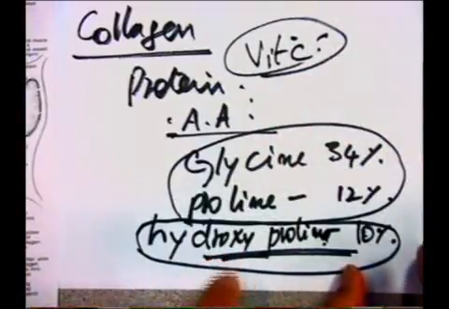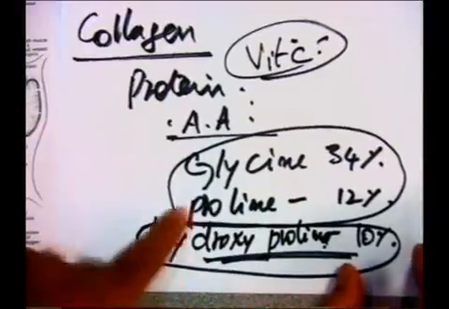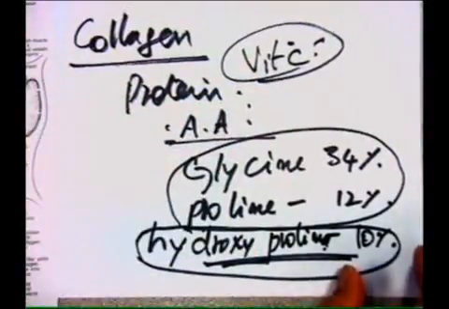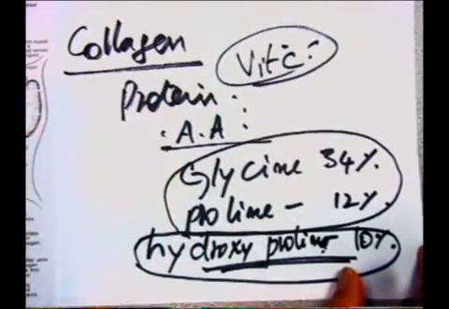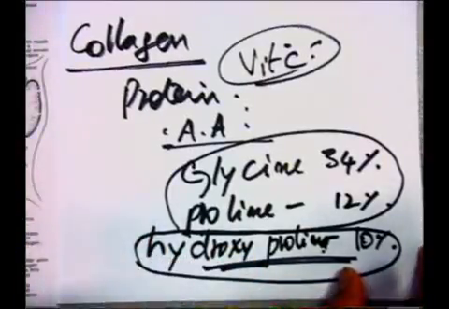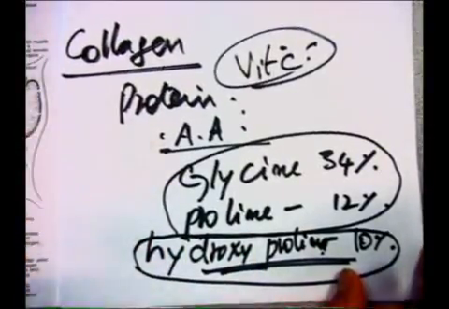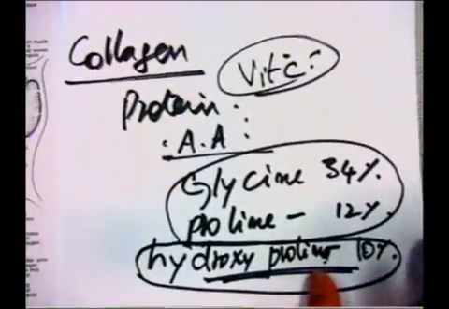Ascorbic acid is necessary for converting the proline to hydroxyproline. The hydroxylation step involves ascorbic acid. If you don't eat vitamin C rich fruits and vegetables, what will happen? You won't get the hydroxyproline, you won't get correct collagen, and you will suffer from scurvy. Have you ever heard of that, scurvy? The disease of vitamin C deficiency.